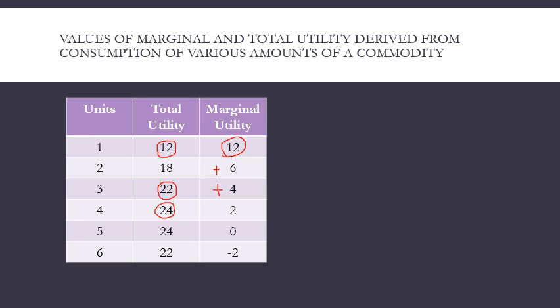And in the third case also, you are happy, you are eating because I'm giving it for free, of course. And when I give you the fourth laddu, you will be eating it. Okay, it's okay, you can eat it. So you ate and you got two extra utils and your total utility became 24.